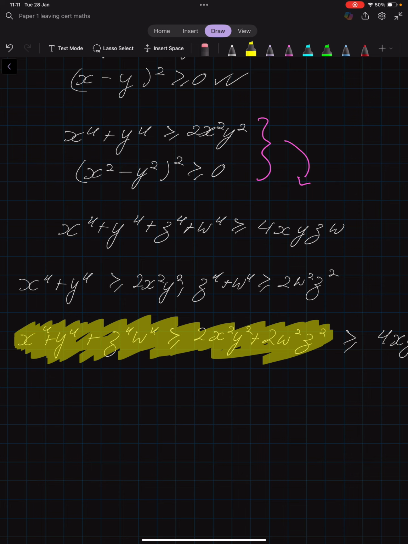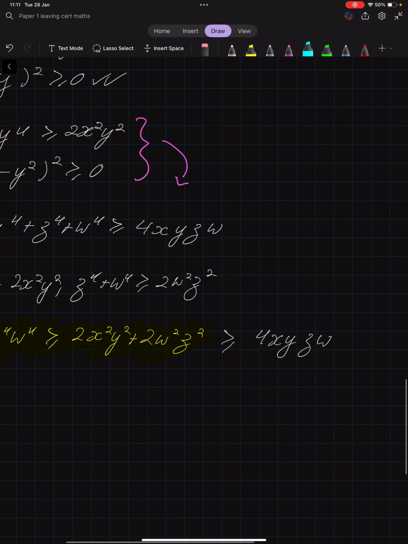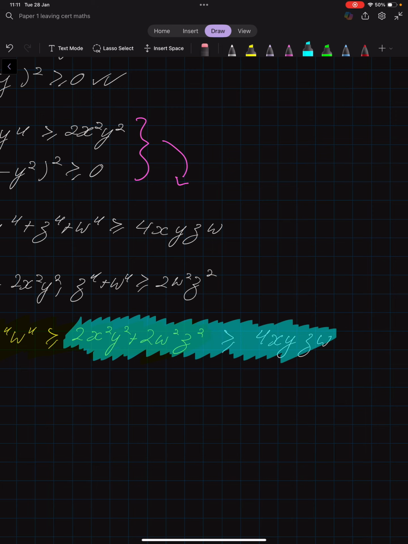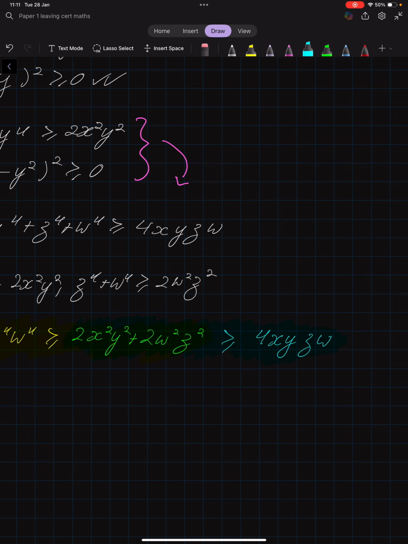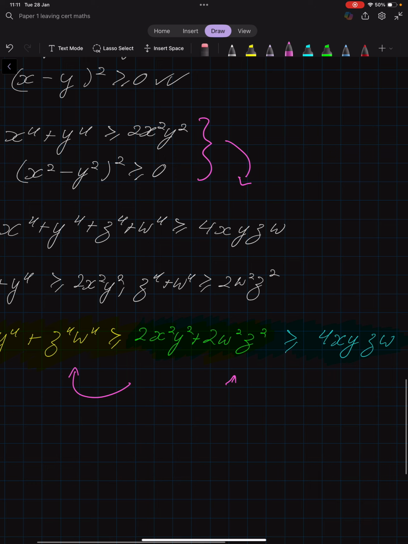So if this is definitely true, then if I can show this, then I've proved it. The reason is because if I can prove that this thing is bigger than this thing, so this I know, and this is the thing that I don't know, but if I can prove that the left-hand side is bigger than the middle, and the middle is bigger than the right-hand side, then the left-hand side has to be bigger than the right-hand side.